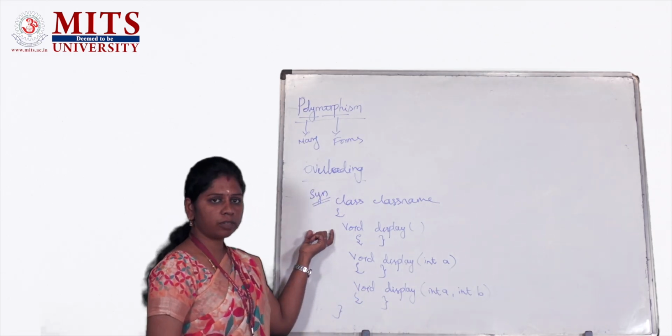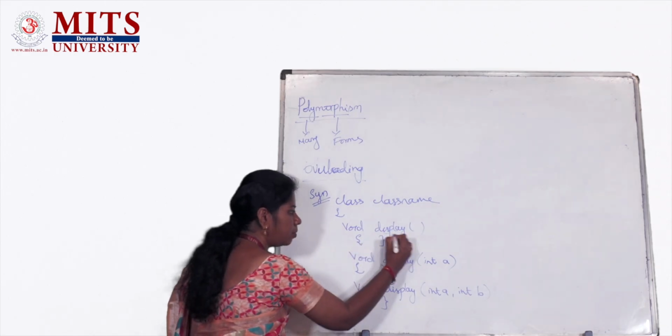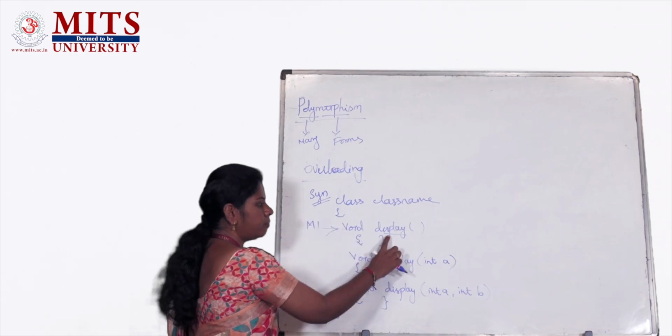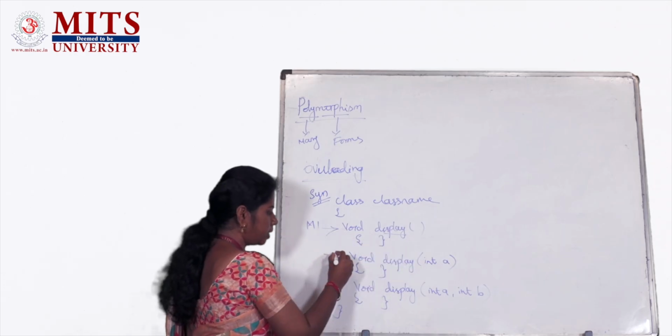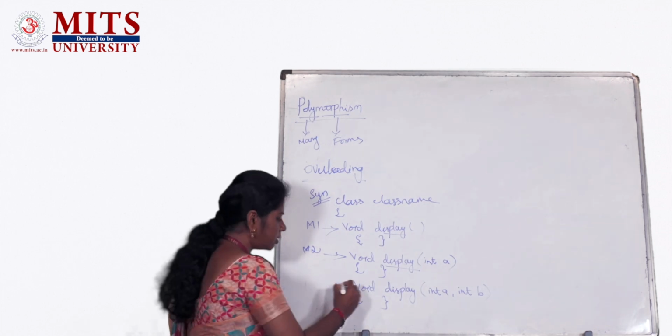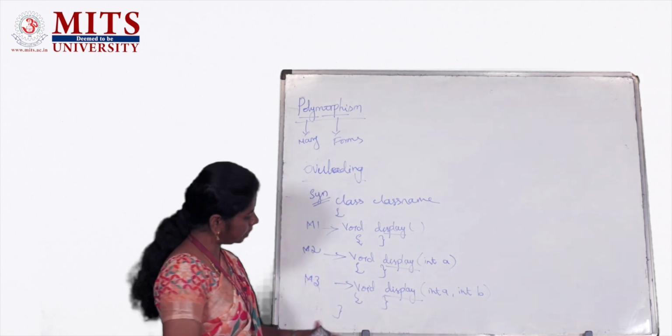So what is method overloading? We should have multiple methods with the same name. See, this is our first method, method number 1, and the method name is display. This is method 2, with the method name display, and this is method 3, with the method name display only.